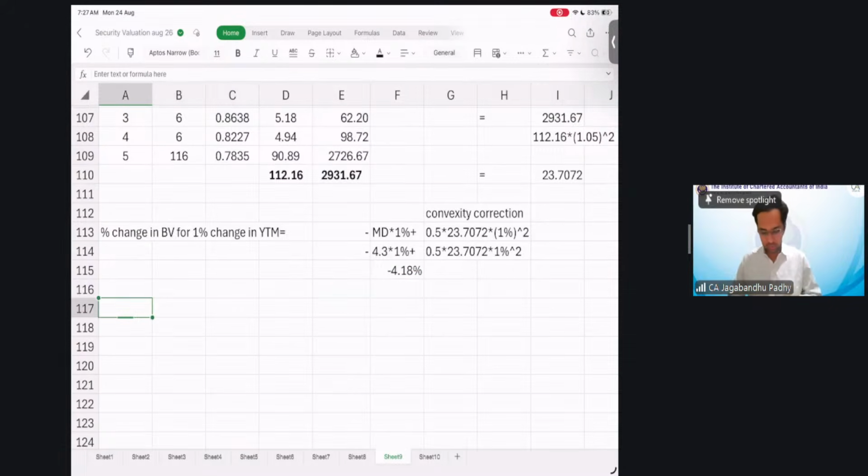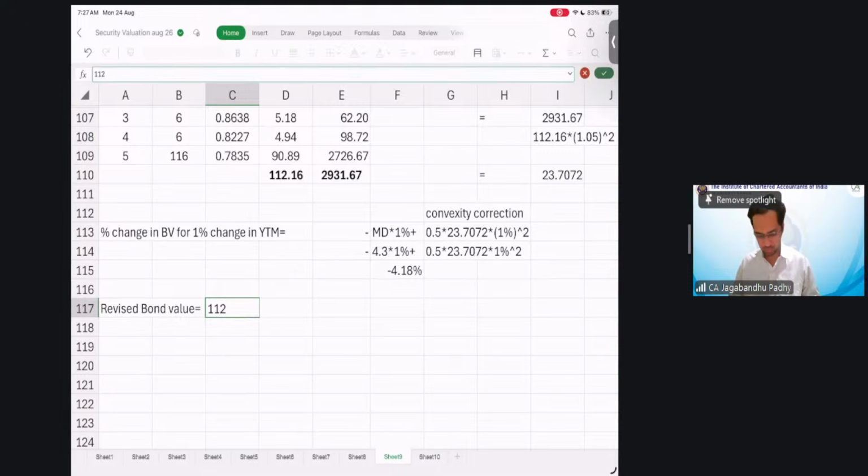Right? So what will be the revised bond value? The revised bond value will be the original bond value, which is 112.16, and it is going to change by this percentage. So it's going to be minus 4.18% into 112.16.